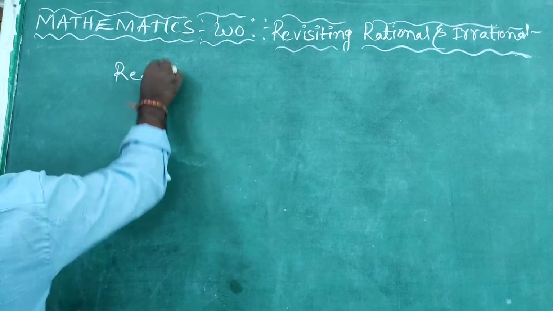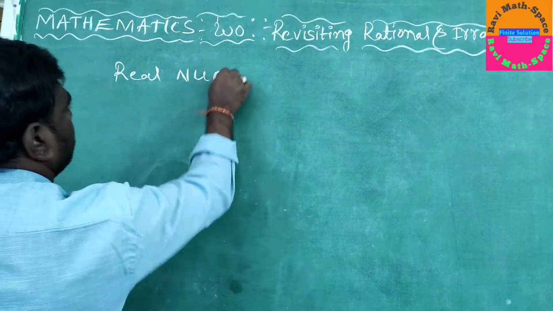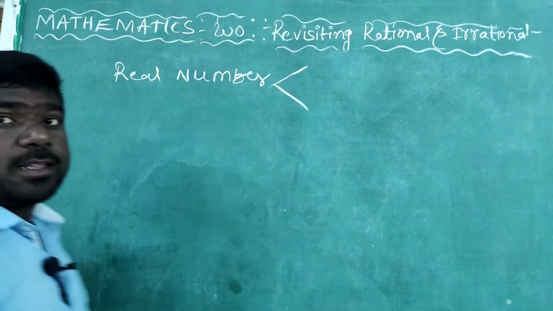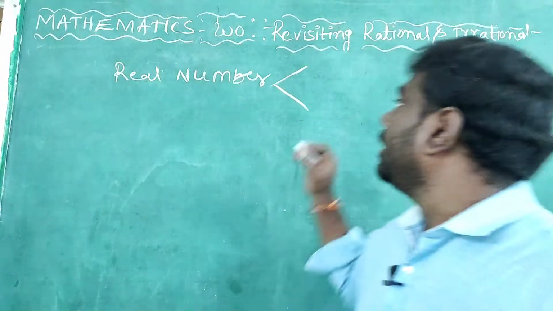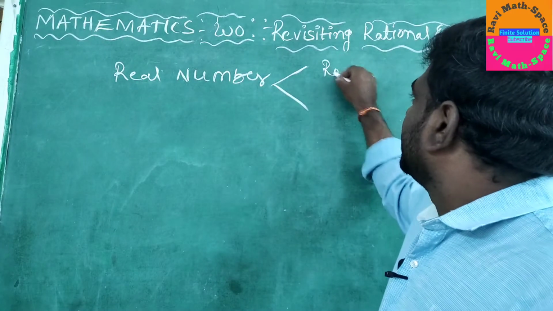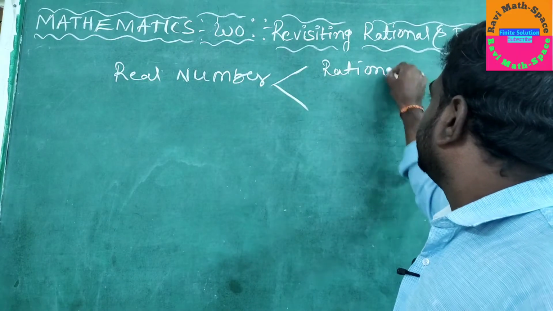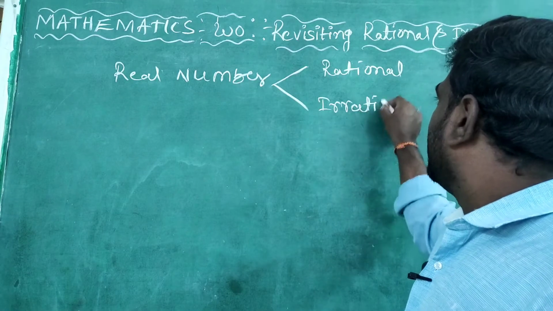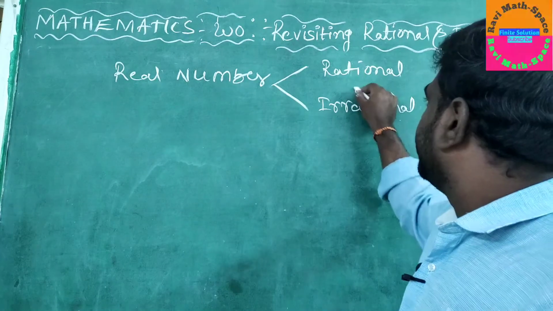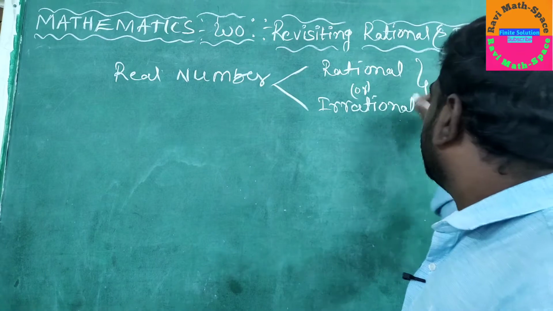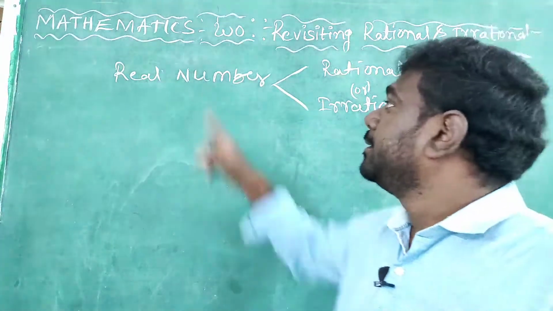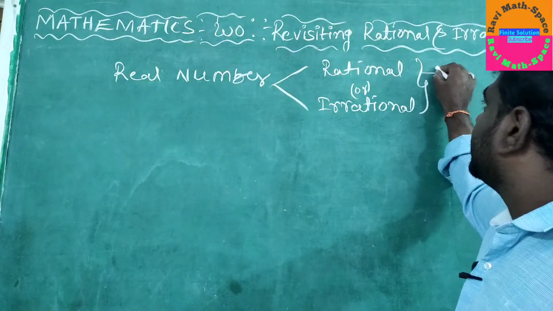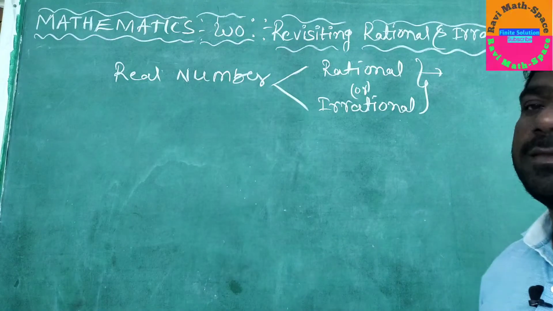Real numbers are either rational or irrational. This total combination is called real numbers. Again, what are rational numbers?